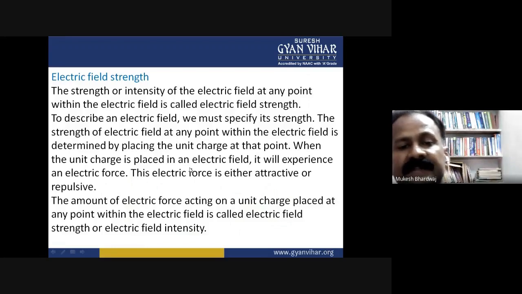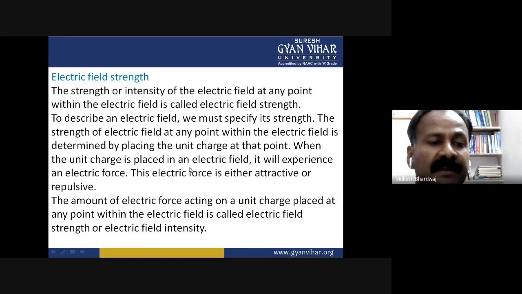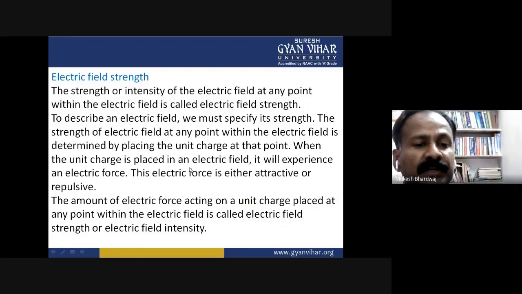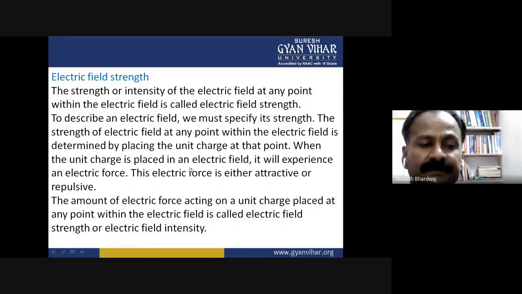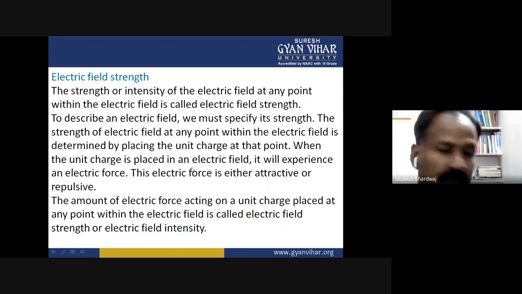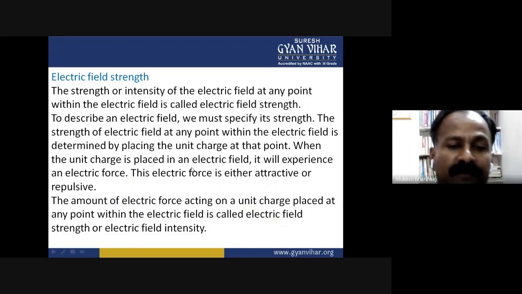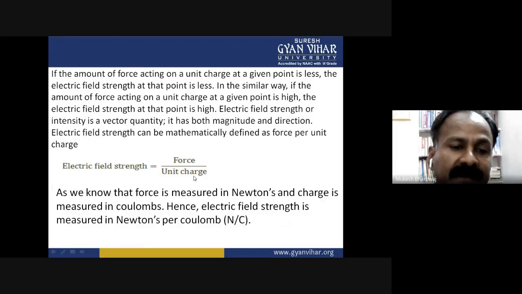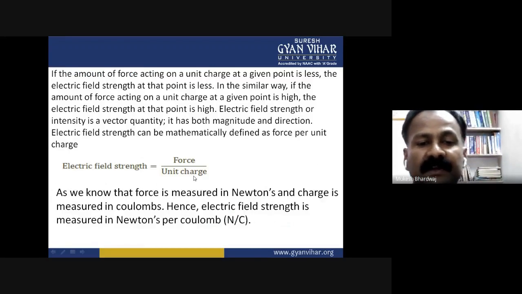Thus, a particle is said to be in an electric field if the particle experiences an electrostatic force. Theoretically speaking, the electric field extends up to infinity, but practically, the electric field does not show detectable influence beyond a certain limited distance.